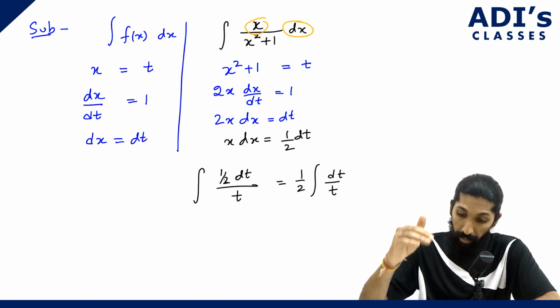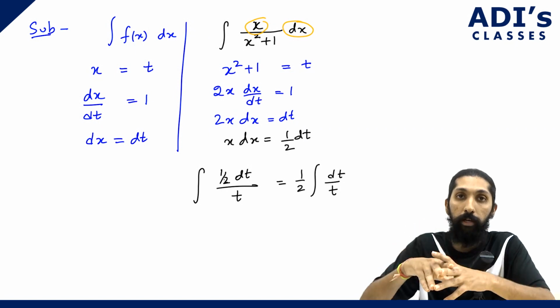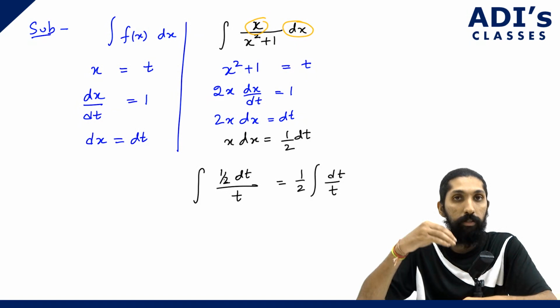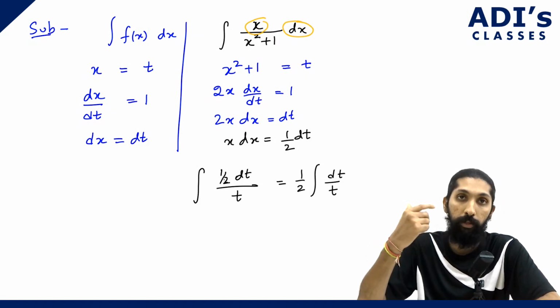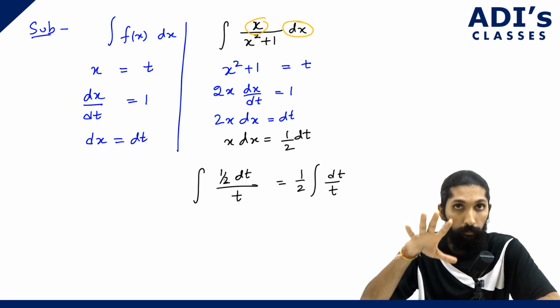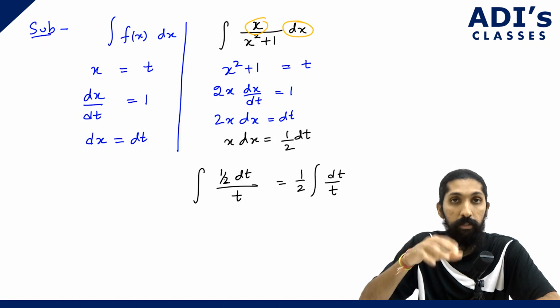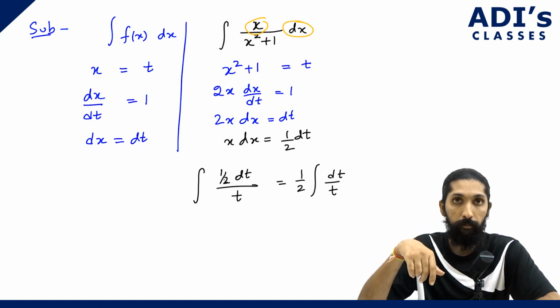For example, x by x square plus 1, what you're seeing now, cannot be reduced very easily, correct? That's why we use the substitution method to find a much simpler way. The same function will be reduced into a simpler function. This is the whole point of integration by substitution.